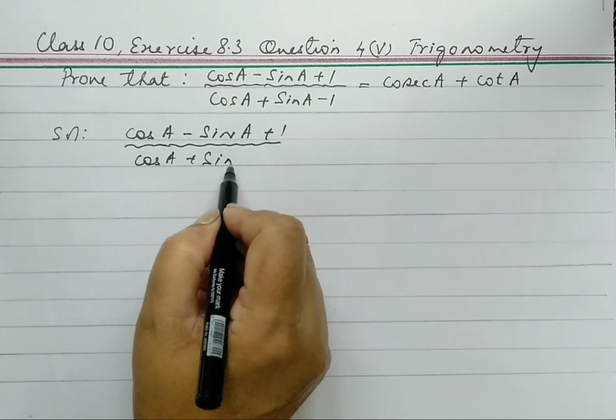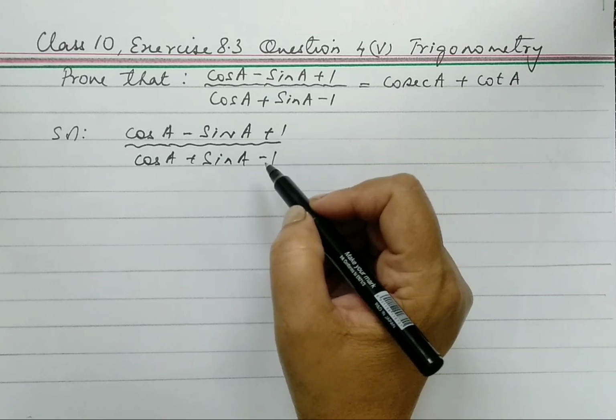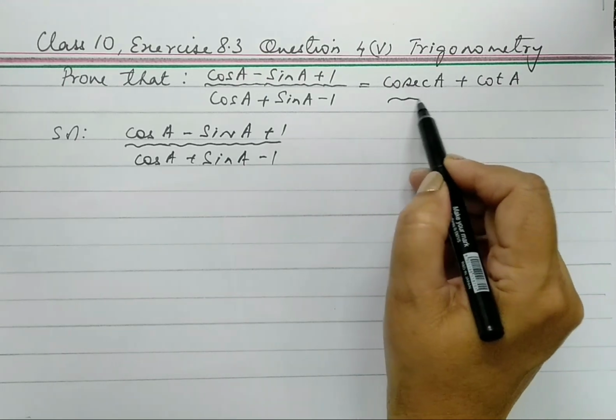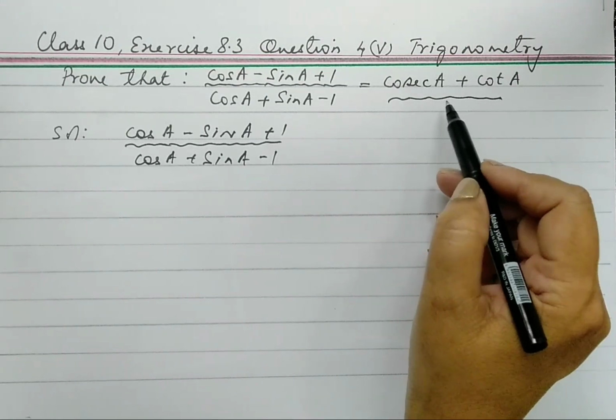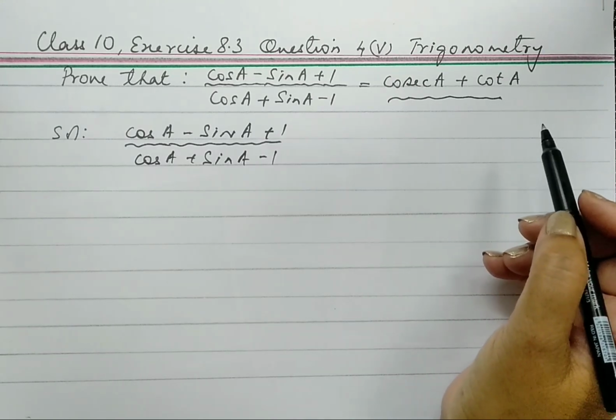Now this is the question. I am doing only the left hand side, so that we are able to prove it equal to cosec A plus cot A at the end of it.